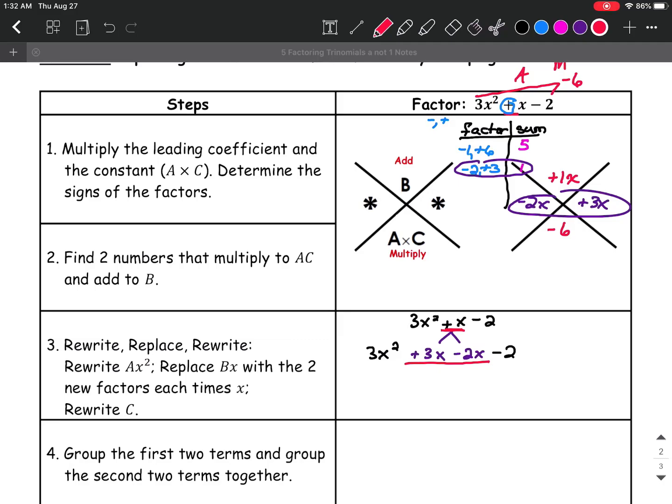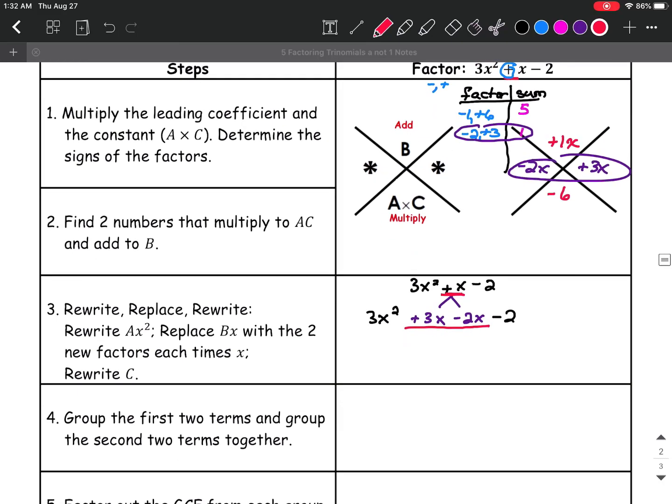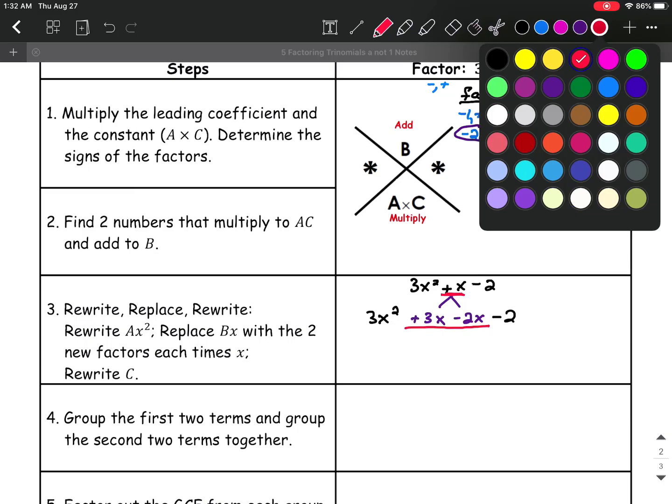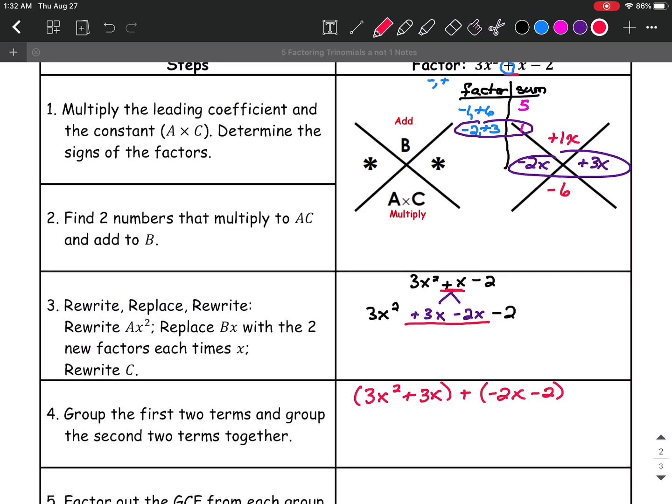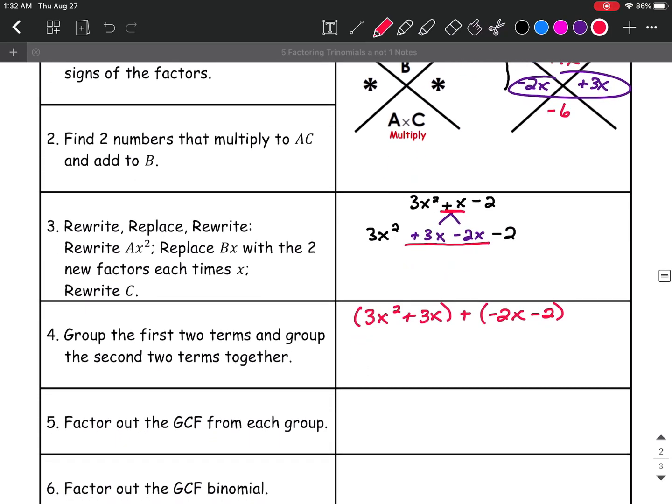Now, next step. We're going to group the first two terms. So I'm going to group 3x squared plus 3x, and then I'm going to put a little plus, and I'm going to group the negative 2x minus 2. Okay? Now, we're going to factor out the GCF from each group.